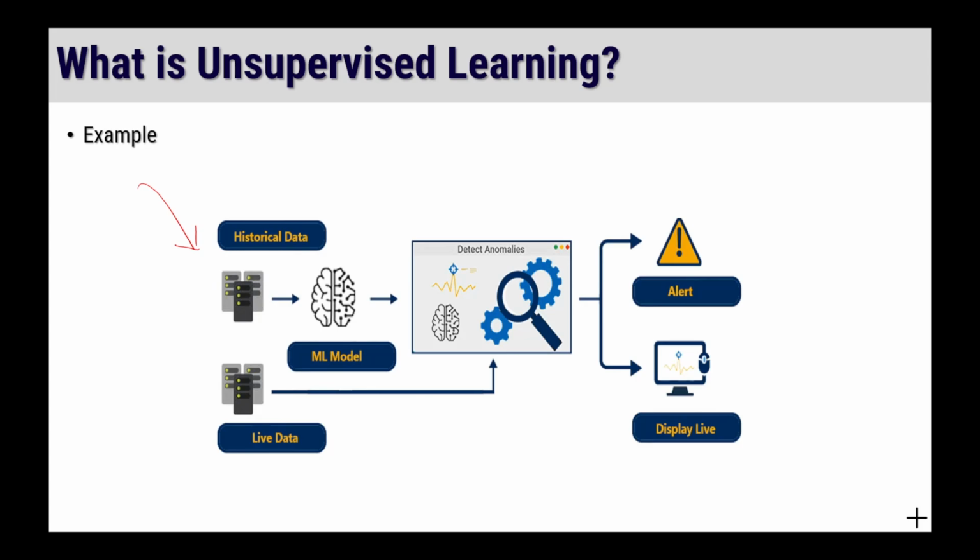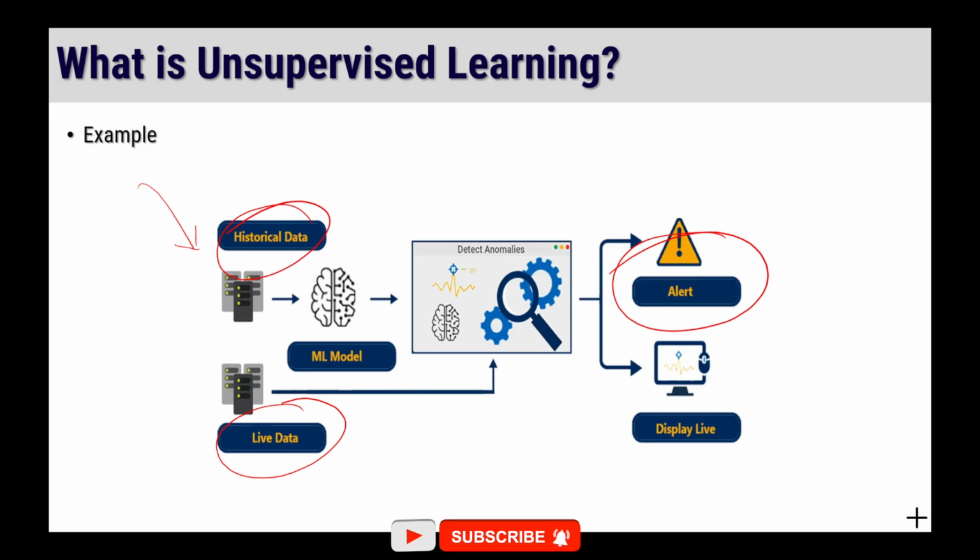And this live data is compared against historical data. The system monitors live data for irregularities or unexpected behavior. When an unusual event is detected, like a spike in the server activity or a suspicious transaction, it is flagged as an anomaly. Anomaly detection systems are widely used across various industries like network security, finance, manufacturing, and healthcare, for detecting abnormal health conditions.